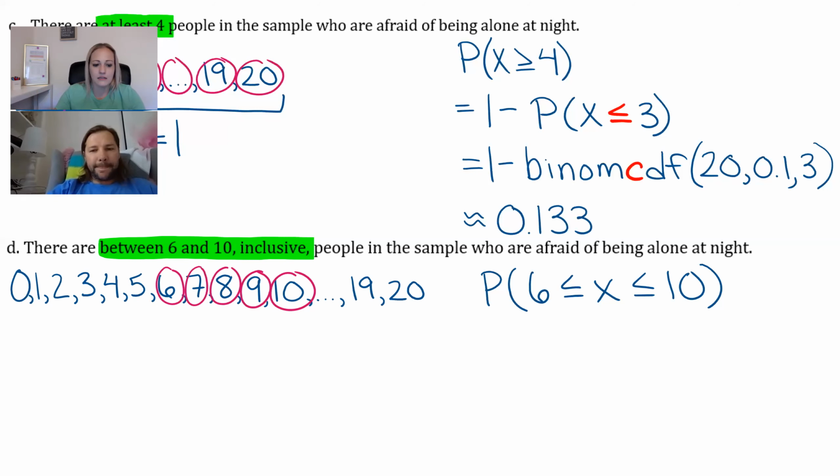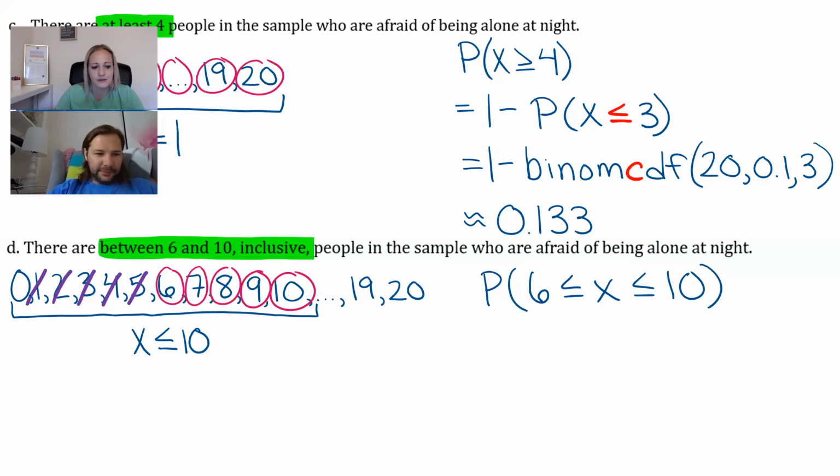So what we can do is something similar. What if I figure out the total probabilities for the outcomes of 0 up to 10, which I can represent as x being less than or equal to 10? And then which ones don't I want? You don't want the ones that are less than or equal to 5. Good.